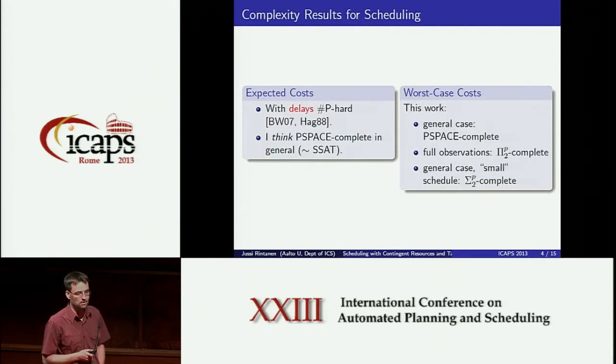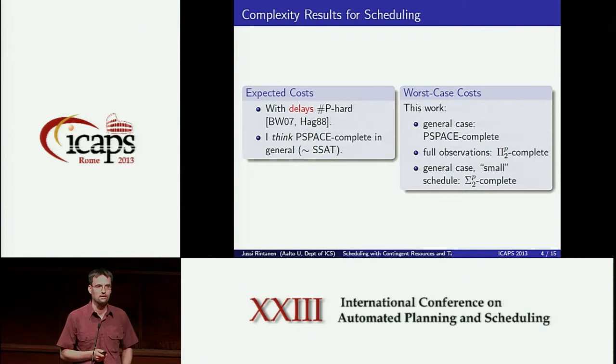The complexity results are in some cases known a little bit, but mostly this area is quite uncharted. So a basic case is, for example, in the expected cost scenario, if you have a possibility of delays of tasks, something might take a little bit longer than anticipated, then the problem of checking whether the expected cost of a schedule is below a certain bound or not is #P-hard.